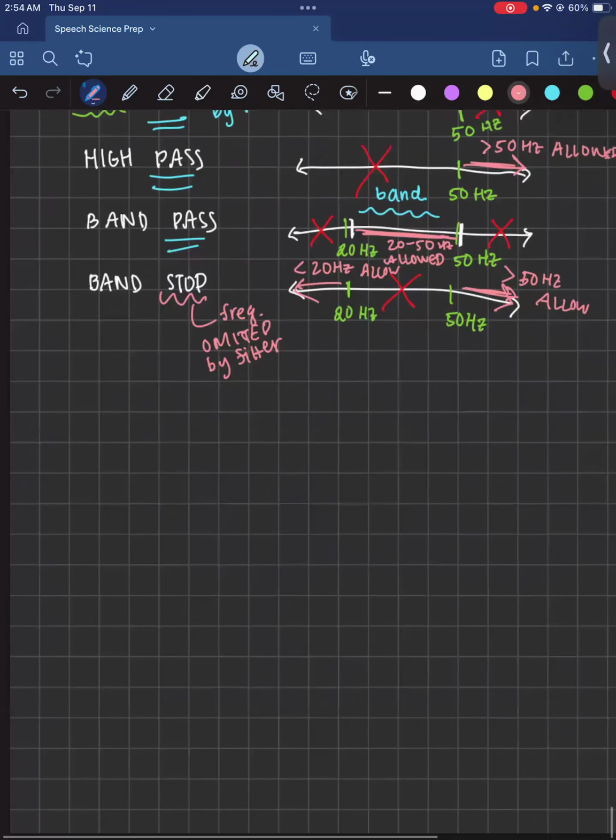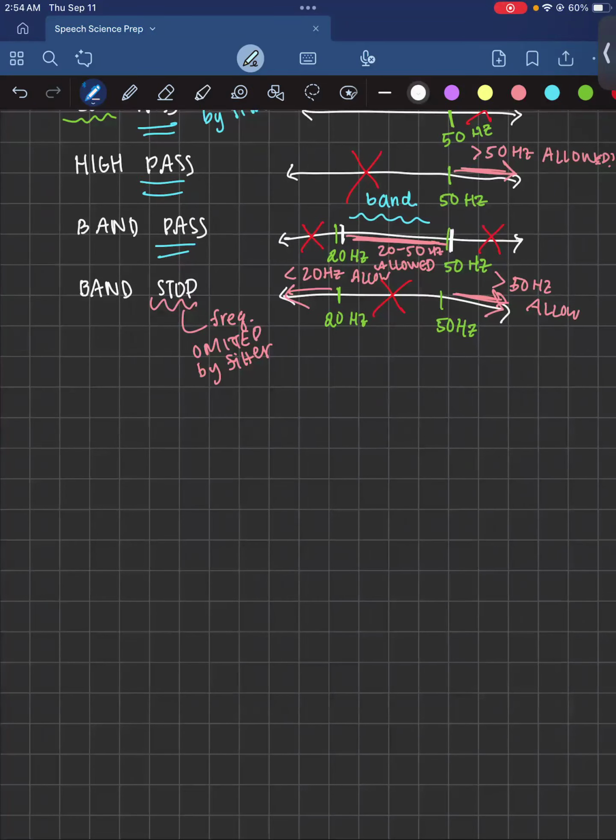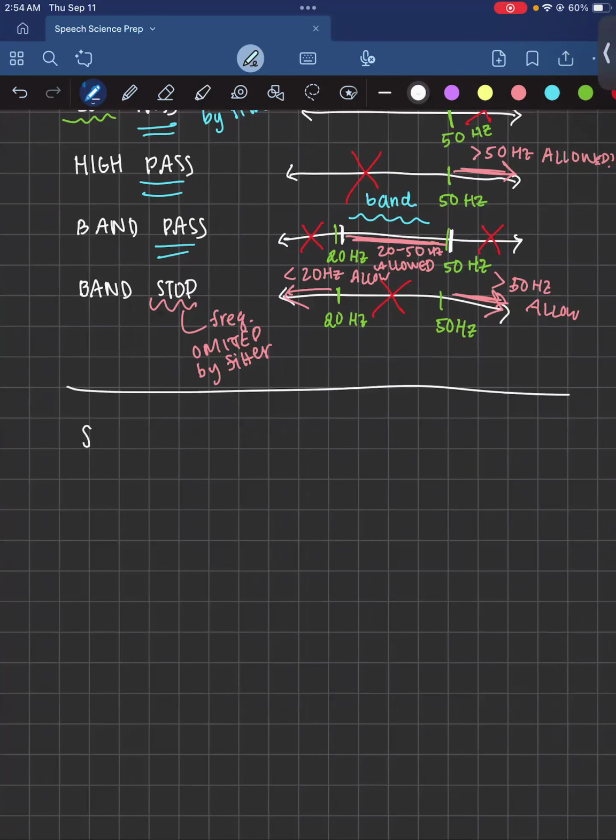The other thing I would just note, also kind of a random topic, would be the shape of resonators.